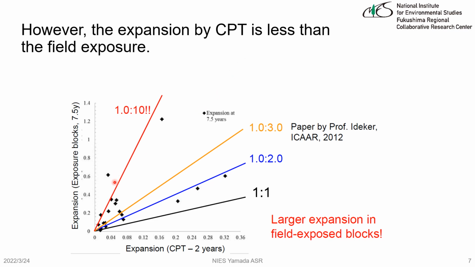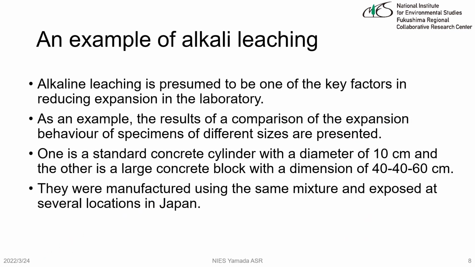This figure shows the correlation between expansion in the field for 7 years and the expansion in the laboratory for 2 years. There is no unique correlation between them. Alkali leaching is presumed to be one of the key factors in reducing expansion in the laboratory.